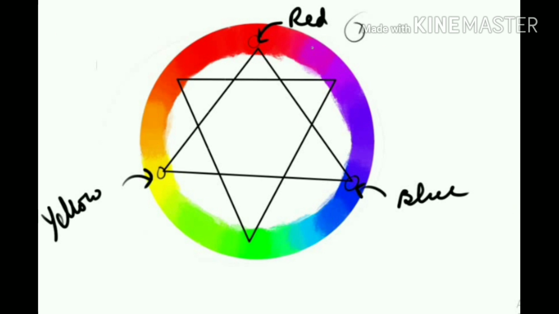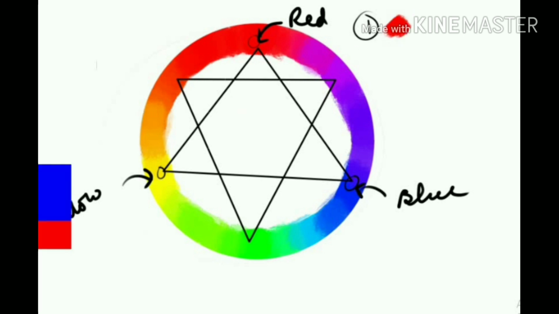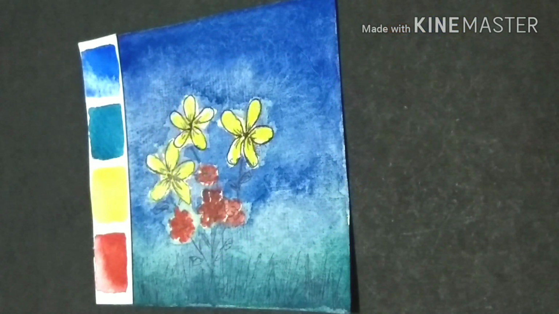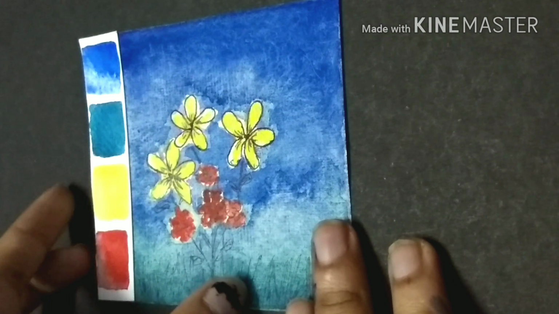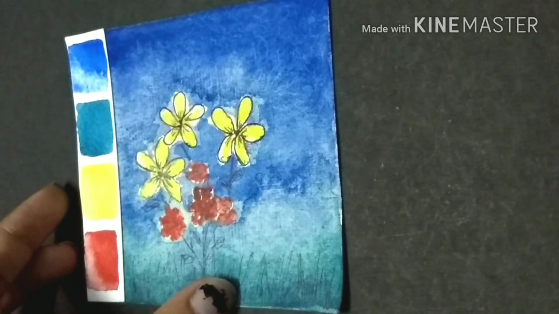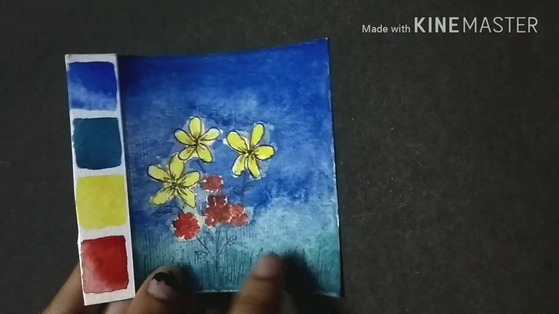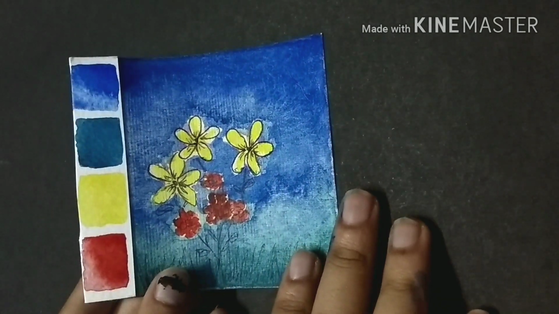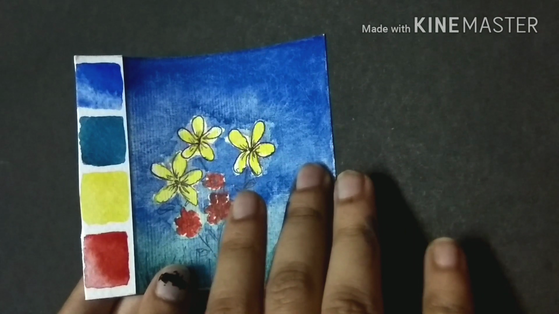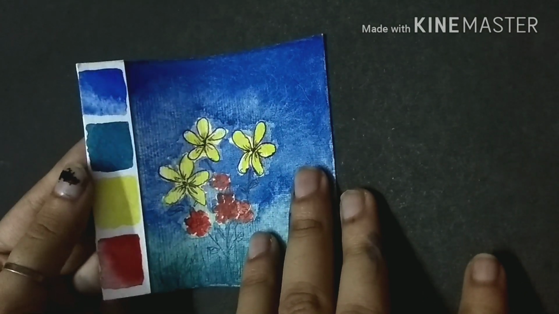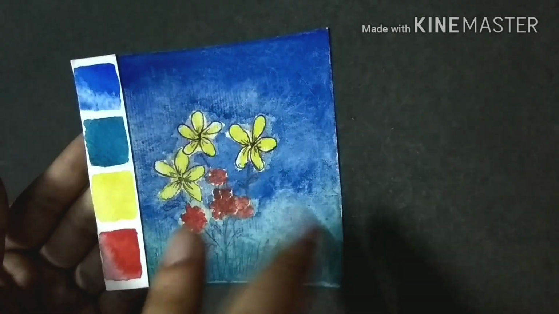Not that you need a compass or a scale to measure the distances. It's just a convention, almost equidistant. In this painting, I've used the primary colors red, yellow, and blue, and a little bit of blue green, just to not make it too monotonous, just to support the picture.